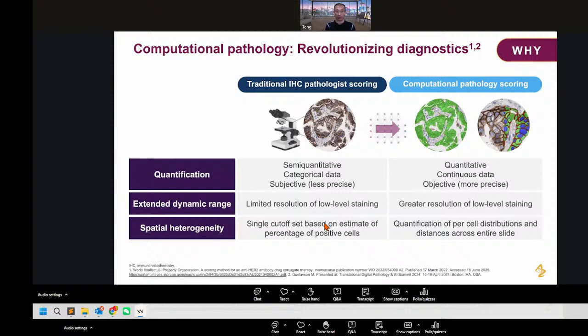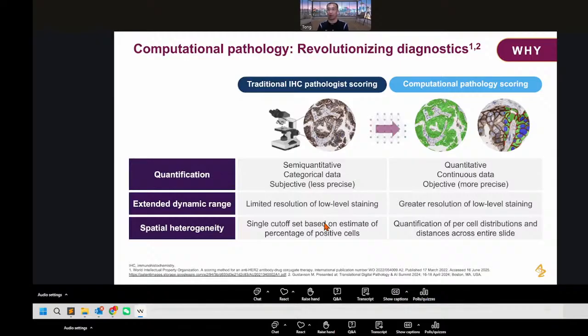Another is the dynamic range, especially for low-level staining. For example, some of the drugs need HER2 testing, but potentially HER2-low or ultra-low. With normal or strong staining, it's easy for the human eye to capture or know the percentage. But when the staining is very faint, at a very low level, it's really hard for the human eye to capture everything.